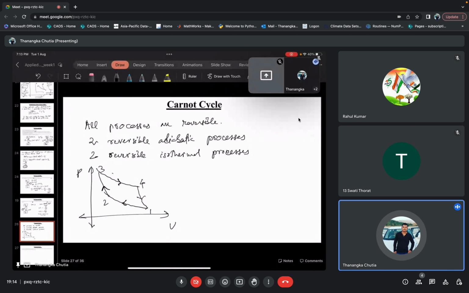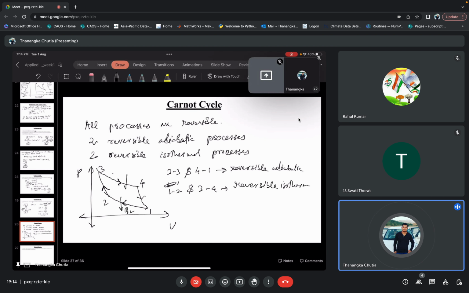We know that the slope of isothermal processes is less than the slope of adiabatic processes, so 2 to 3 and 4 to 1 will be my reversible adiabatic processes, and 1 to 2 and 3 to 4 will be my reversible isothermal processes. Okay, here this is your heat rejection Q2, this is Q1, this is your work done, and this is work input.